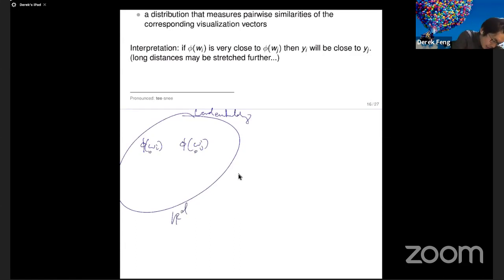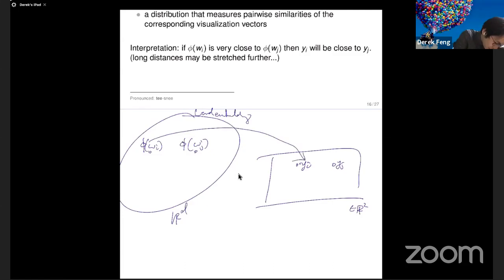Then I'm going to have, think of some square, and I'm going to have yi, yj, in R2. So with every word vector, I'm going to associate it with a point in R2.